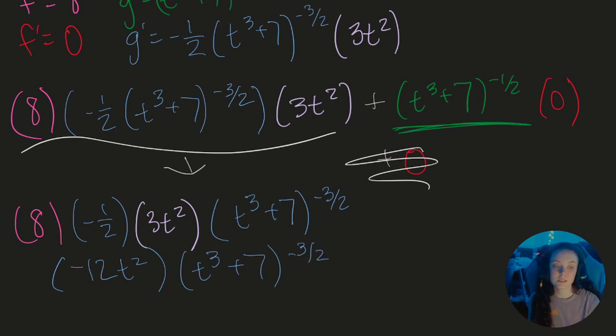And we could still take this, and since we have this negative exponent, we could take it and say -12t to the 2nd over t to the 3rd plus 7 to the 3 halves power. Either one is technically correct.